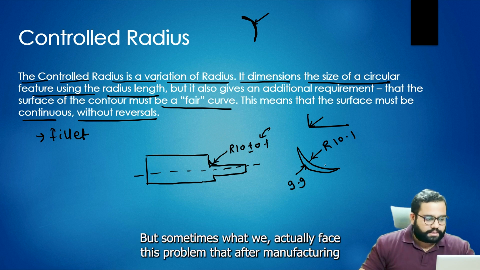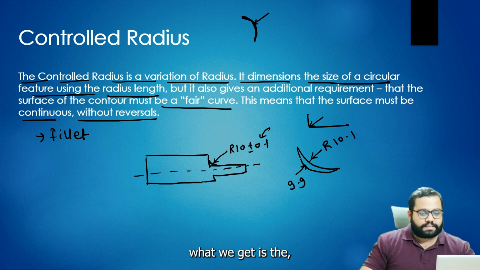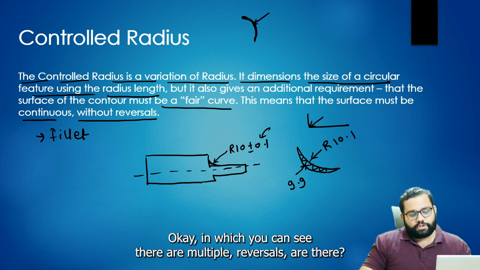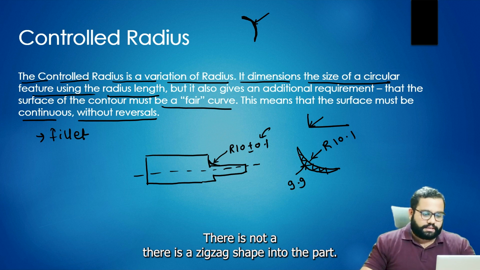But sometimes we face this problem: after manufacturing the radius, what we get is this type of part, in which you can see there are multiple reversals. There is a zigzag shape in the part.